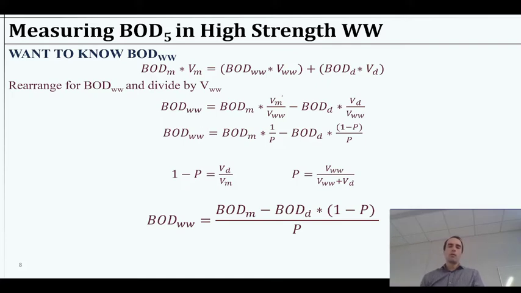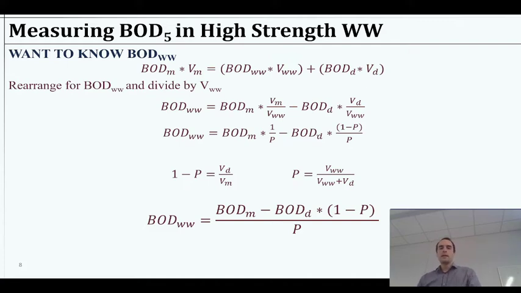So that should be 1 over P here. Then over here, we have this volume of dilution divided by volume of the wastewater. And I'm sure that we could expand this out with some algebra, but I'm just going to say the book says it, so it must be right. That expansion would look like 1 minus P divided by P. Okay, and of course we could write all that out and prove to ourselves that the book is right.